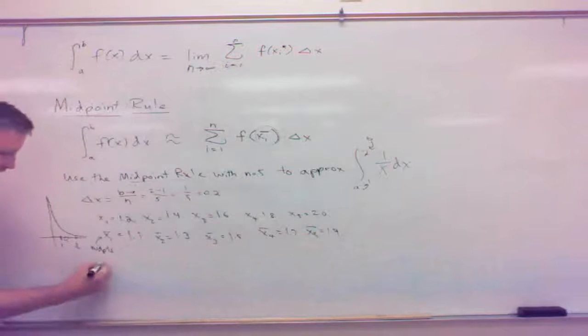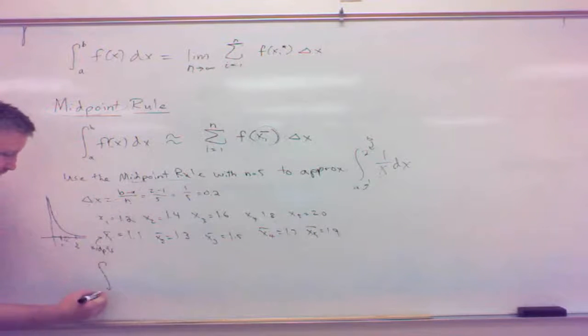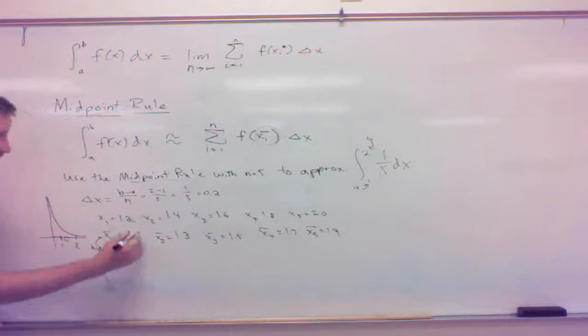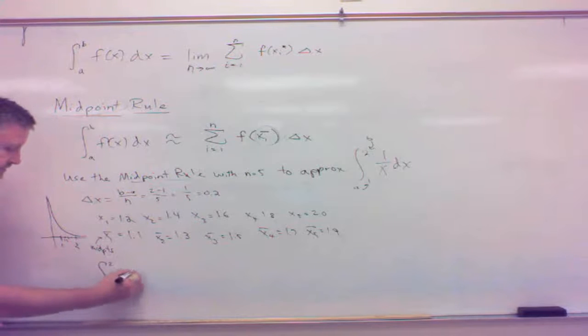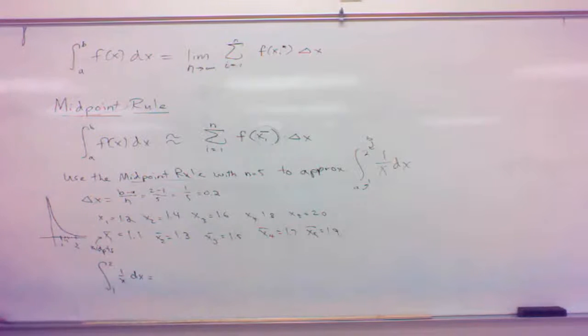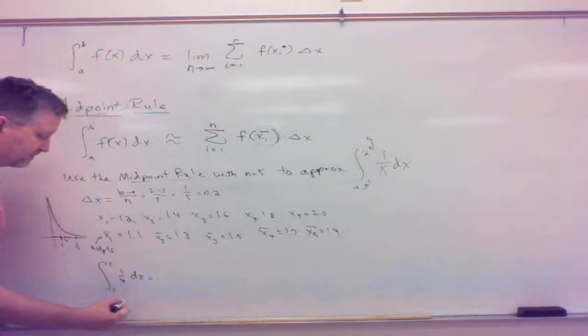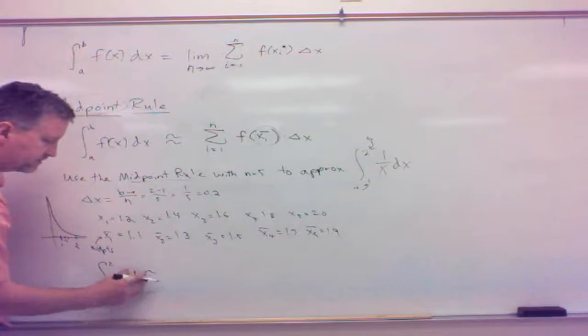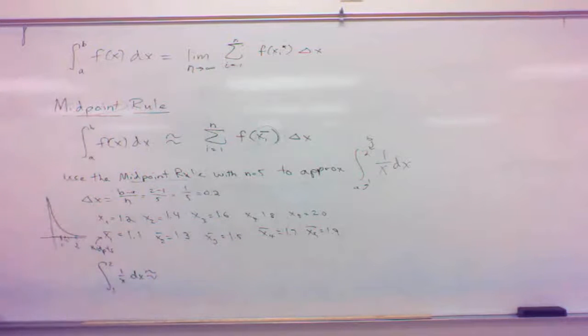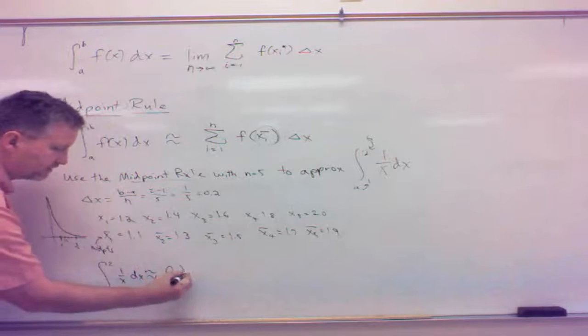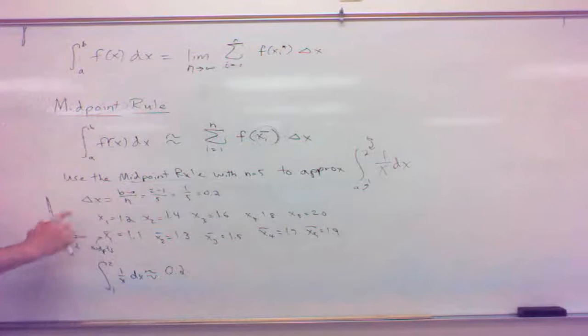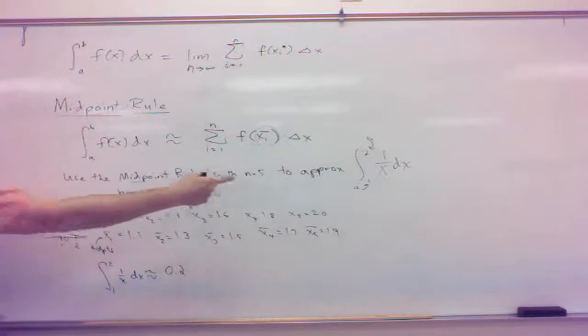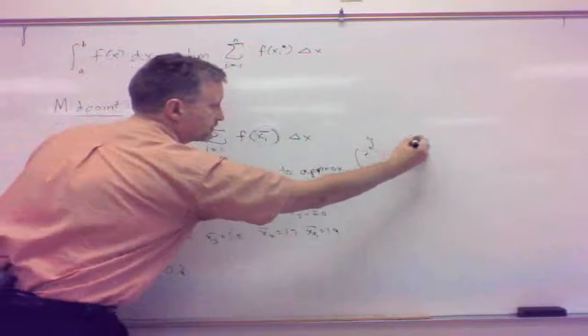Okay, so my integral by the midpoint rule from 1 to 2 of 1 over x dx, this one's pretty easy to compute here. It's approximately equal to, what would I have? The first one would be 0.2 times the height, f of x, which is 1 over x.